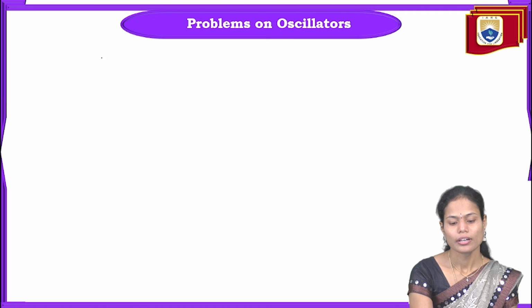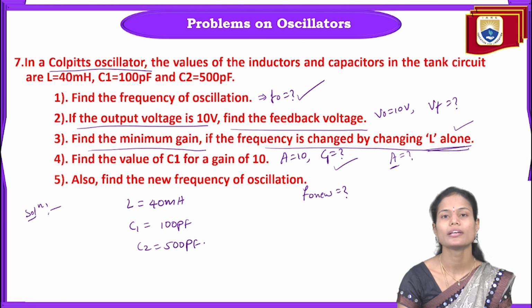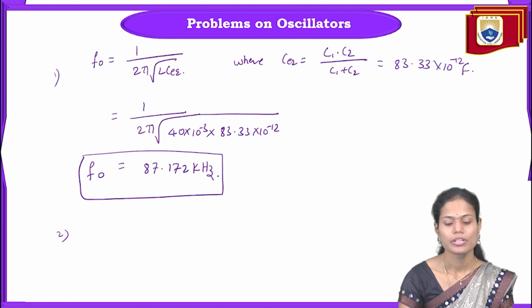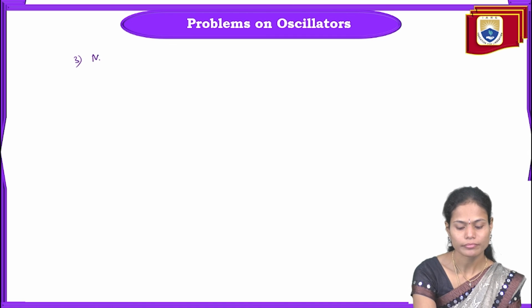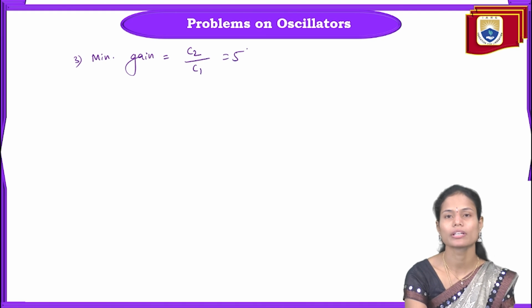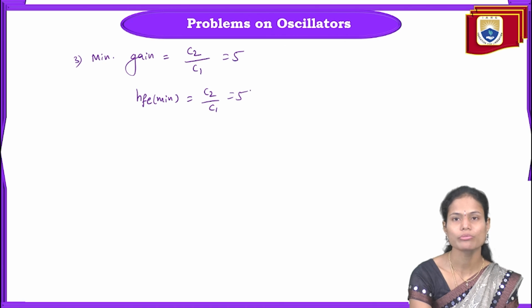Next, the third bit: find the minimum gain if the frequency is changed by inductance alone. The ratio of the two capacitances is 5, as we have already calculated, and the minimum transistor hFE equals C2 by C1, which is also 5.